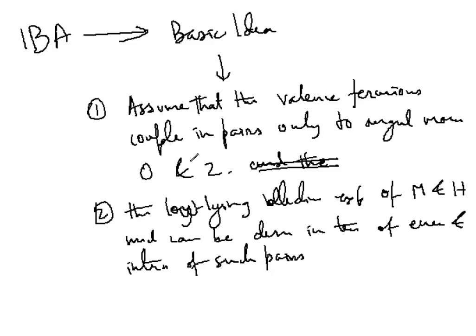Now these fermion pairs having integer spin are treated as bosons. See, they have integer spins. So these fermion pairs are treated as bosons because of having integer spin, right? So that's the basic idea.